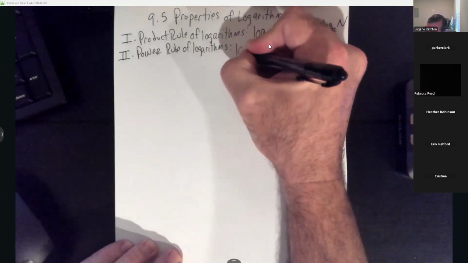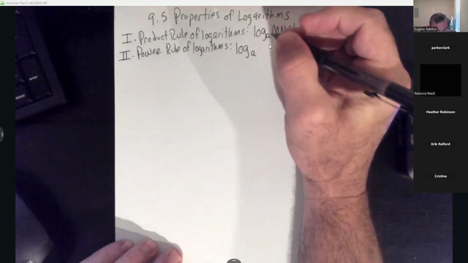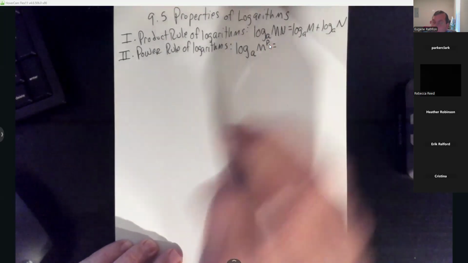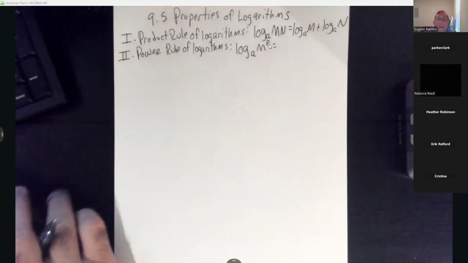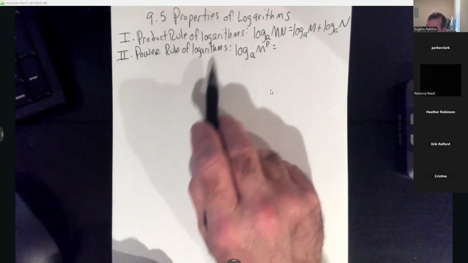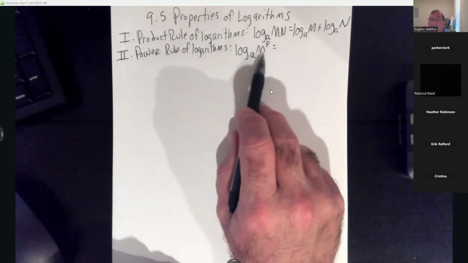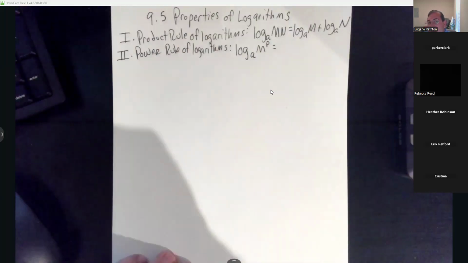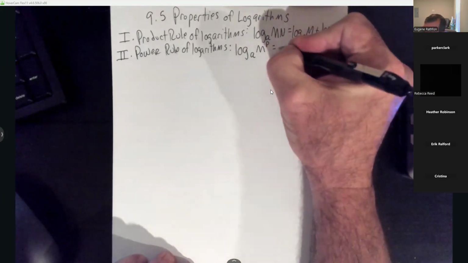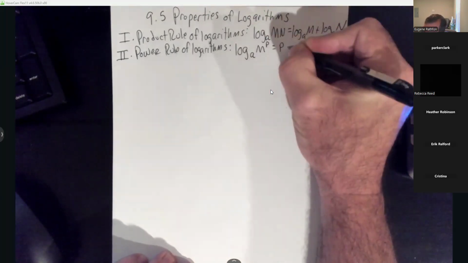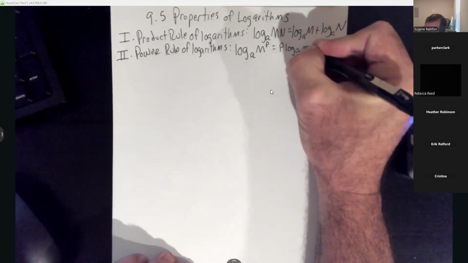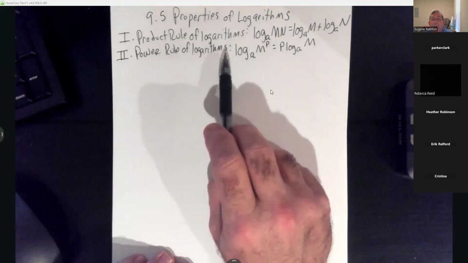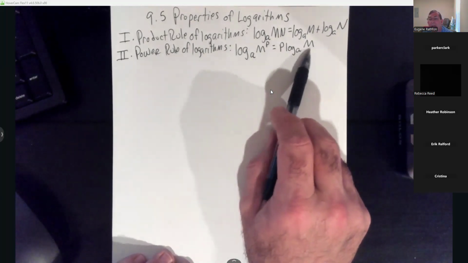So if I got a log base a of m to the p, basically we rewrite the logarithm. We bring this p down the front, and we're going to rewrite this as a product of the p times the log a of m. So we bring those exponents down and write this as the product between the p and then the log base a of the m.